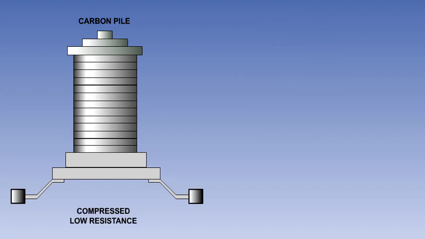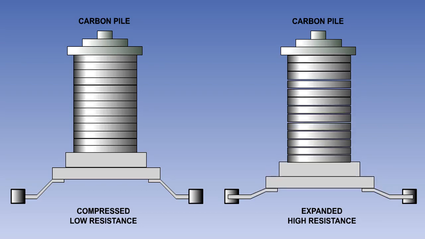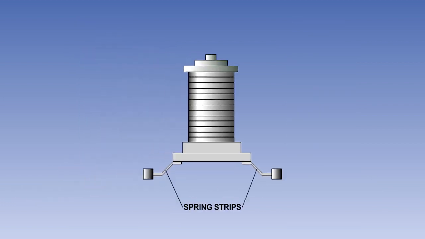The more the stack is compressed and the discs are pressed together, the lower is its resistance. And the less it is compressed, the higher is its resistance. The carbon pile is held in compression by spring strips, pushing on the soft iron base plate at the bottom of the pile.